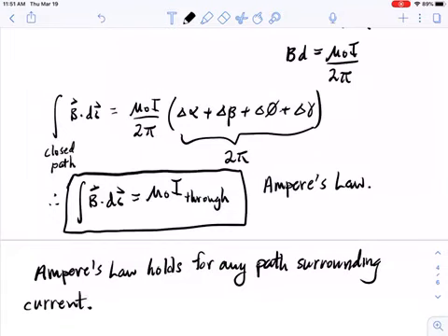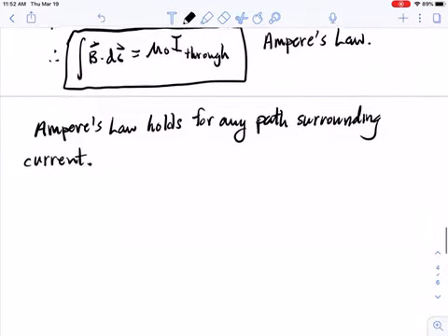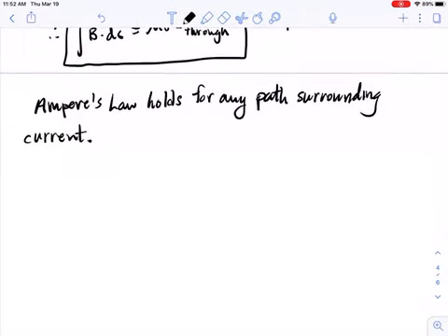Okay, let's do one more thing. Let's imagine that we take a path in the vicinity of a current I from, say, a long straight wire. And we just choose a path that's a closed loop path but doesn't enclose the wire at all.